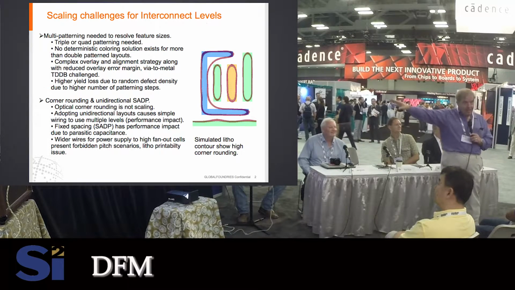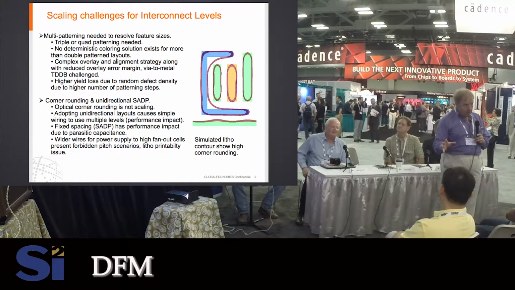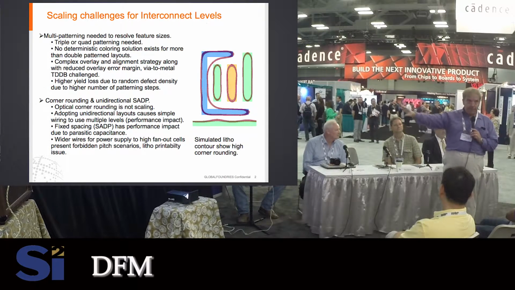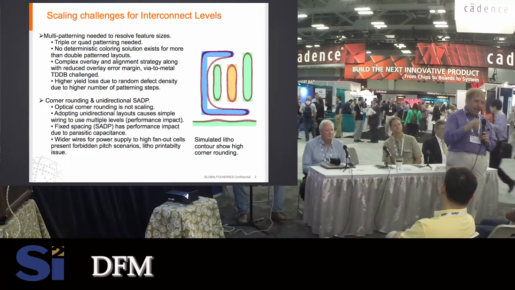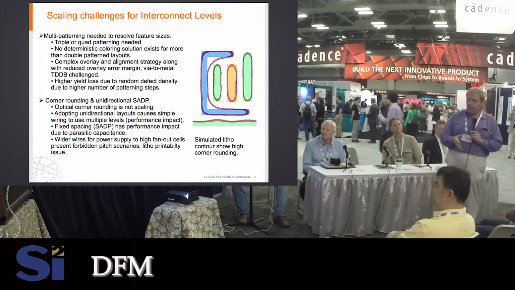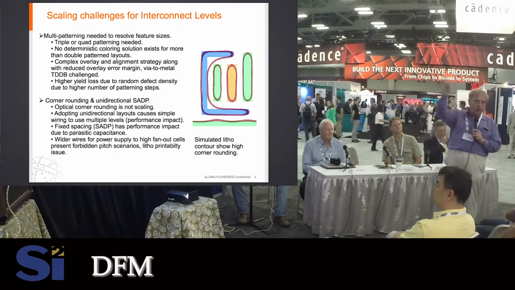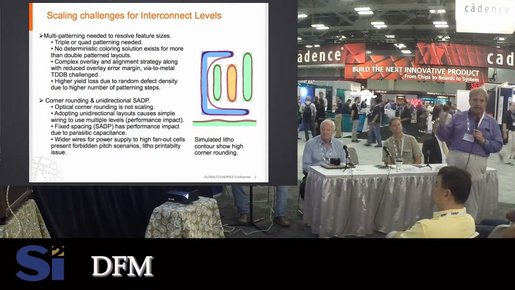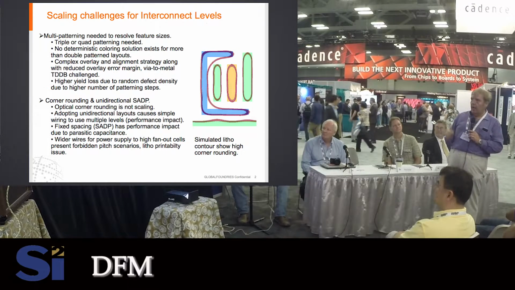So I don't know if it's NP complete or not, but it's very difficult. And every solution I've seen so far is heuristic based and eventually breaks. So my concern to all the EDA vendors here is give me better triple coloring and quad coloring.